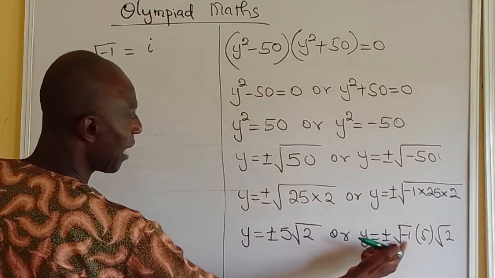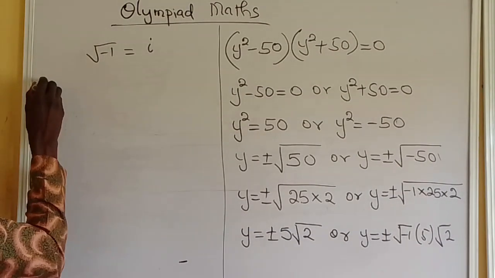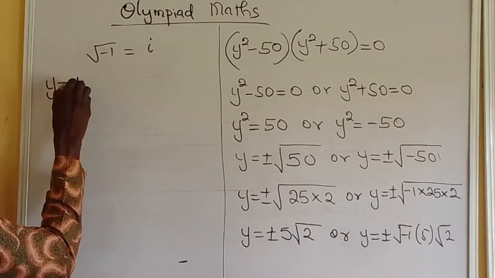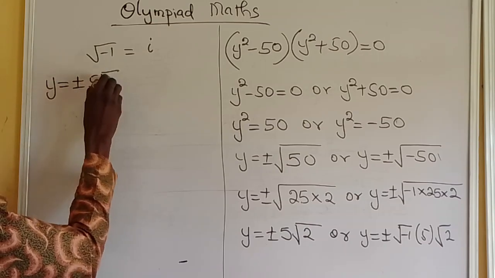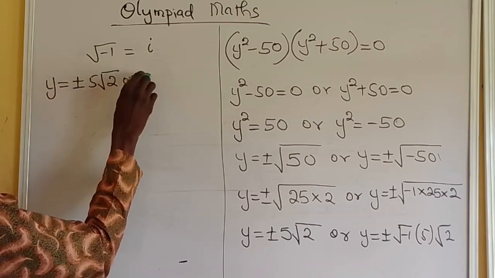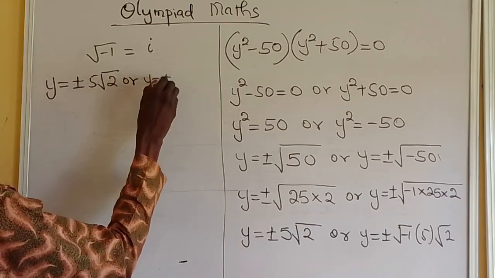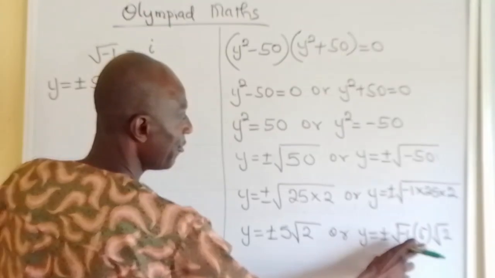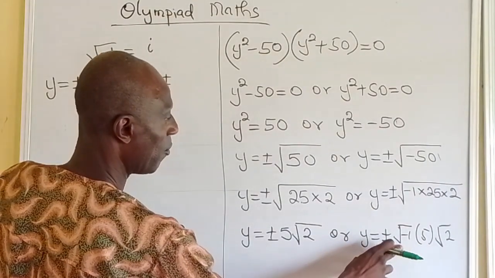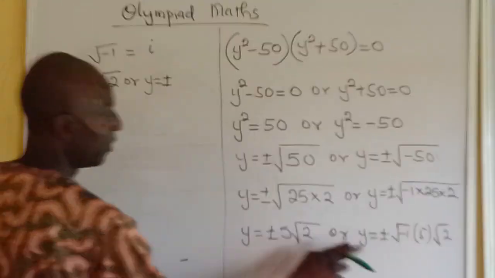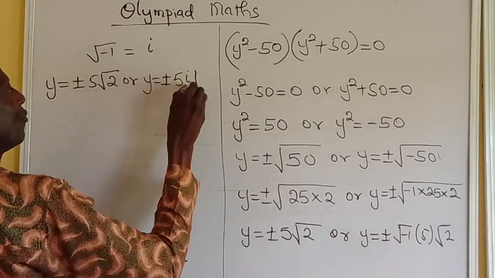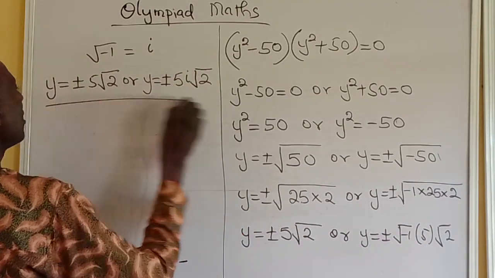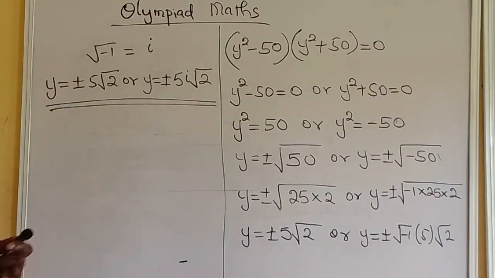So I will put i here. Conclusively, our answer is plus or minus 5 root 2, or y is equal to plus or minus, when we say root of minus 1 is i, look at it, here will be 5i root 2. So this is the solution of the question.